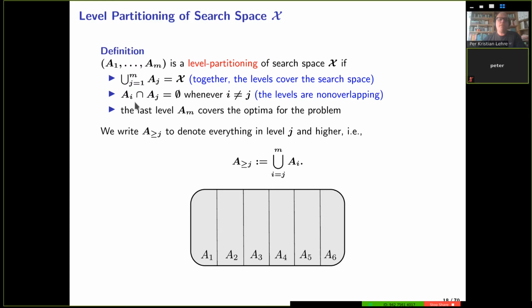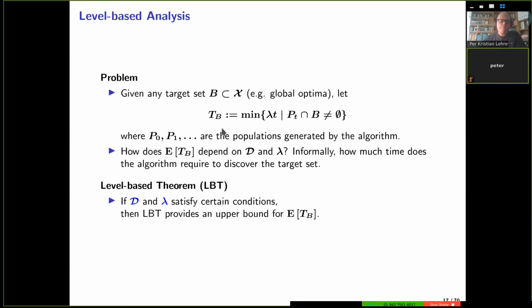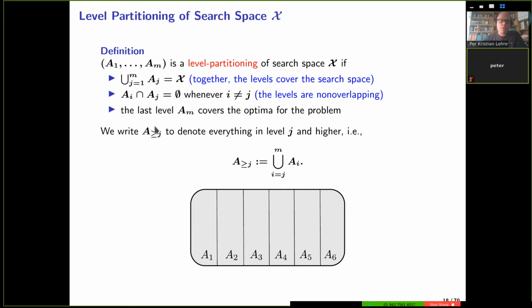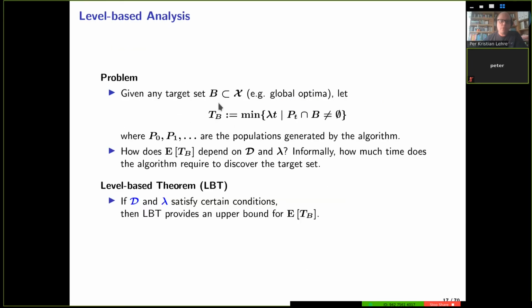And if I take the intersection between any two levels, I get the empty set. So these first two properties mean that, mathematically speaking, this is a partitioning of the search space. What I also need is that the last level Am covers the optima for the problem, or more generally, it covers B. So the last level Am here should be B.